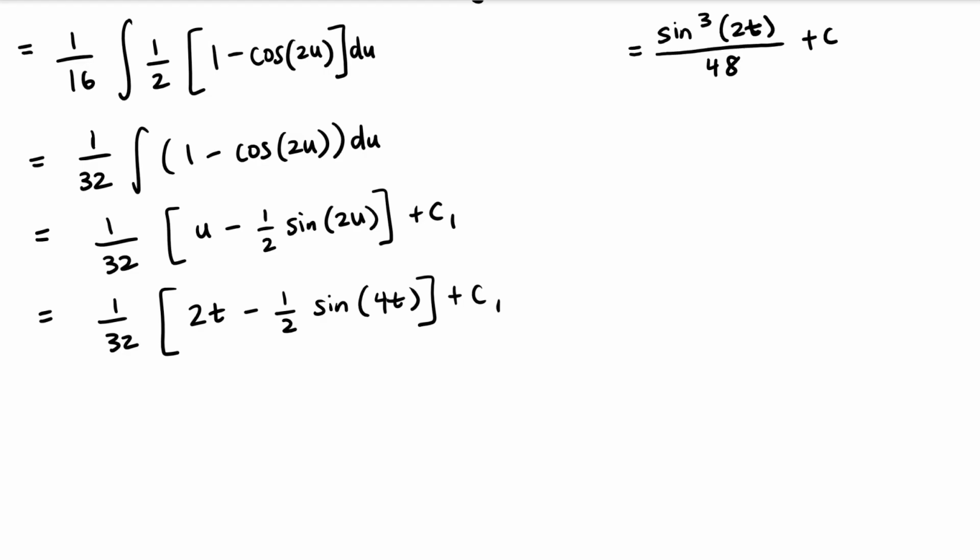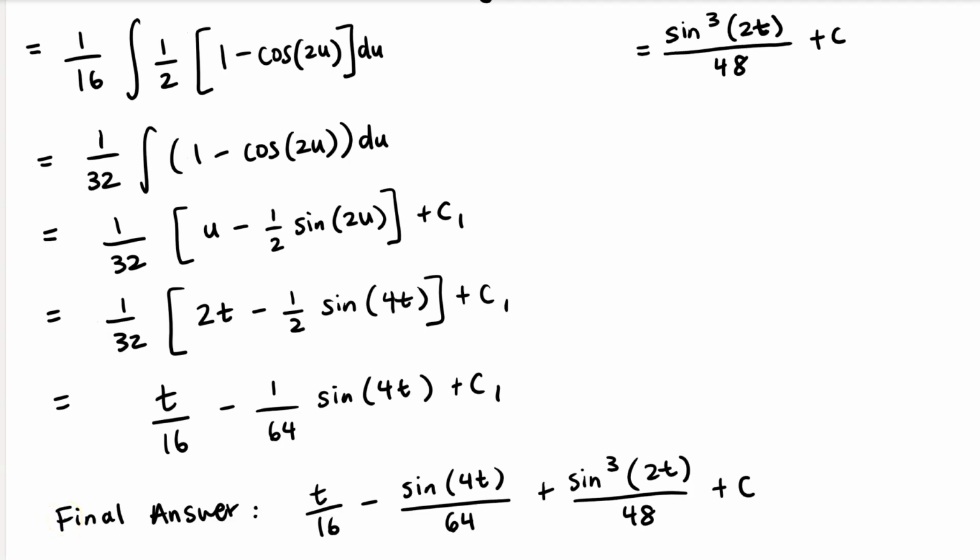And then I'm going to also distribute in the 1/32, so that's going to be t over 16 minus 1/64 sine of 4t plus some constant. So combining the two parts, we have that our final answer is t over 16 minus sine of 4t over 64 plus sine cubed 2t over 48 plus our constant of integration.